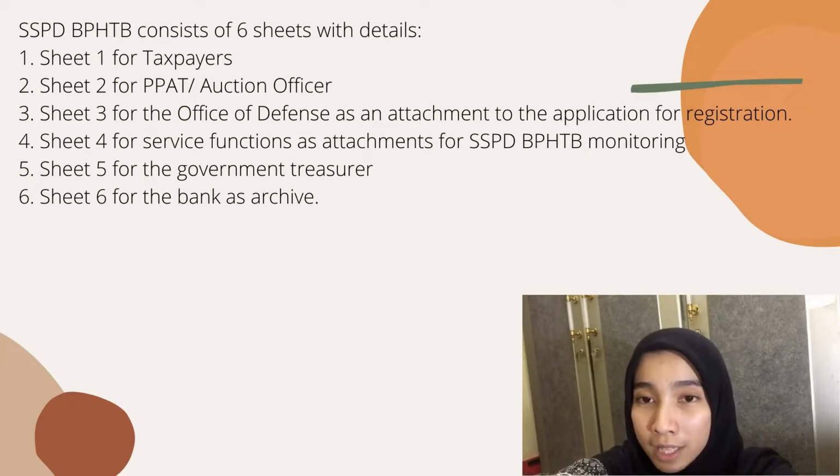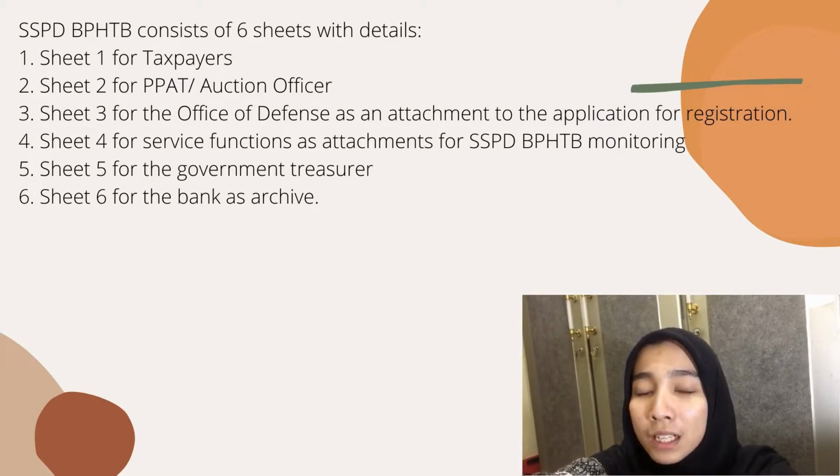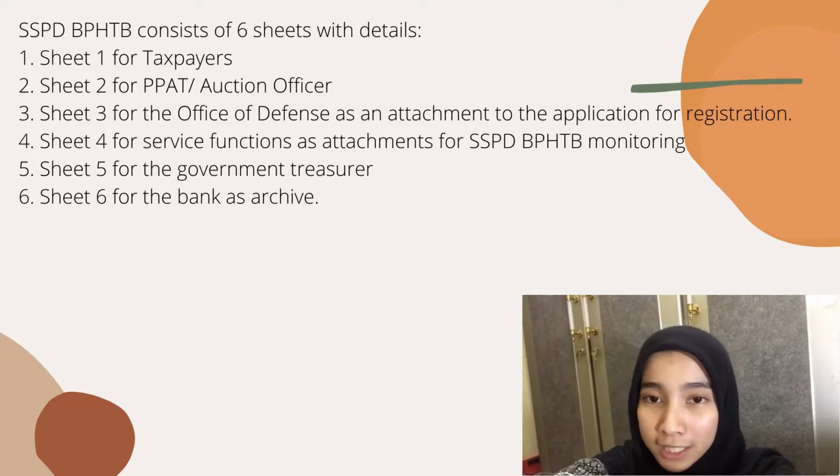the auction office. Next, sheet 3 for the land office as an attachment to the application for registration. Sheet 4 for the service function as an attachment for land and building title transfer duty monitoring.